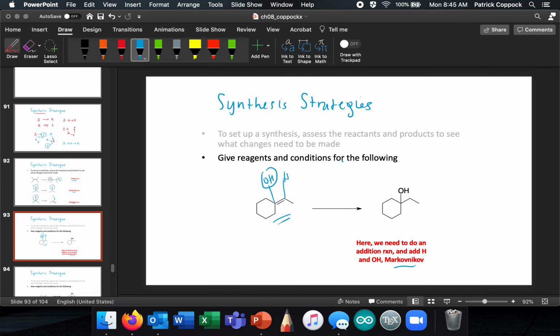And so I have to search through my memory banks and say, what gives me a Markovnikov addition? I know that I've got two reactions that give me a Markovnikov addition. Acid and water, which we oftentimes will do as H2SO4 and water, same thing.